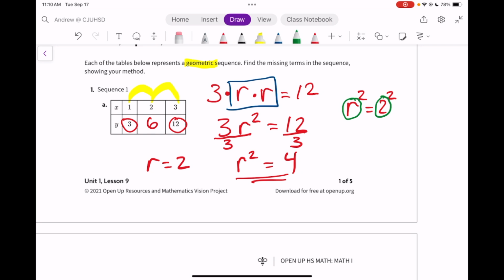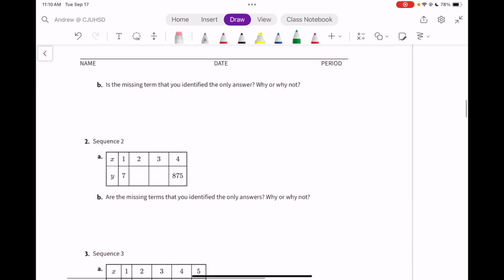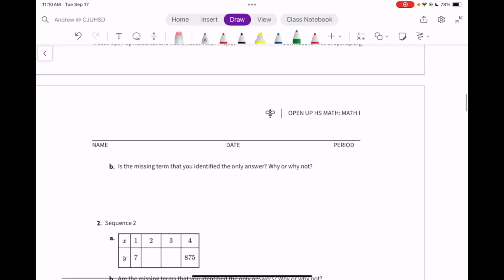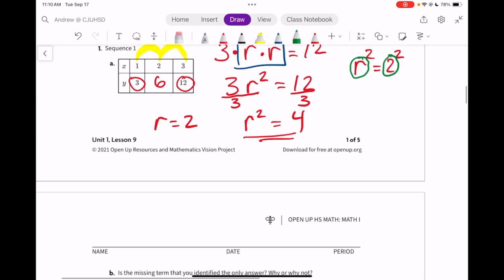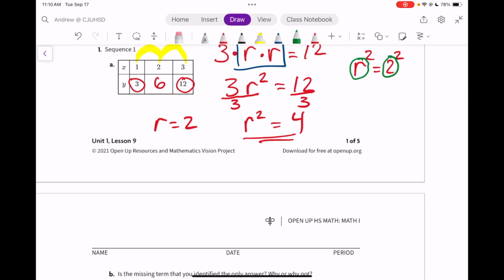Let's try another one. Oh, by the way, is that the only number that would work? No, it's actually not. -2 would also work, because that would give you -6 in the middle, and you would still end up at 12.